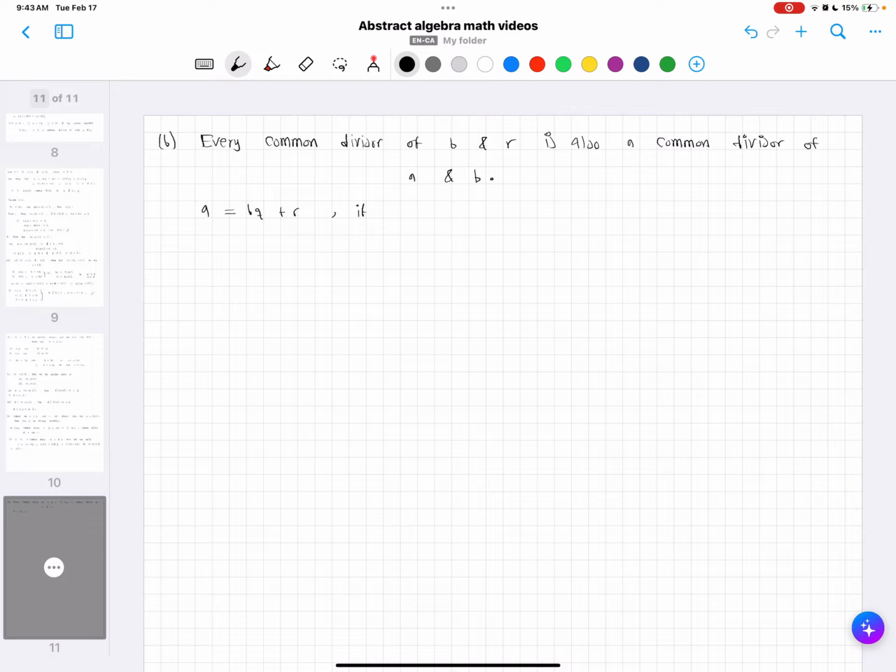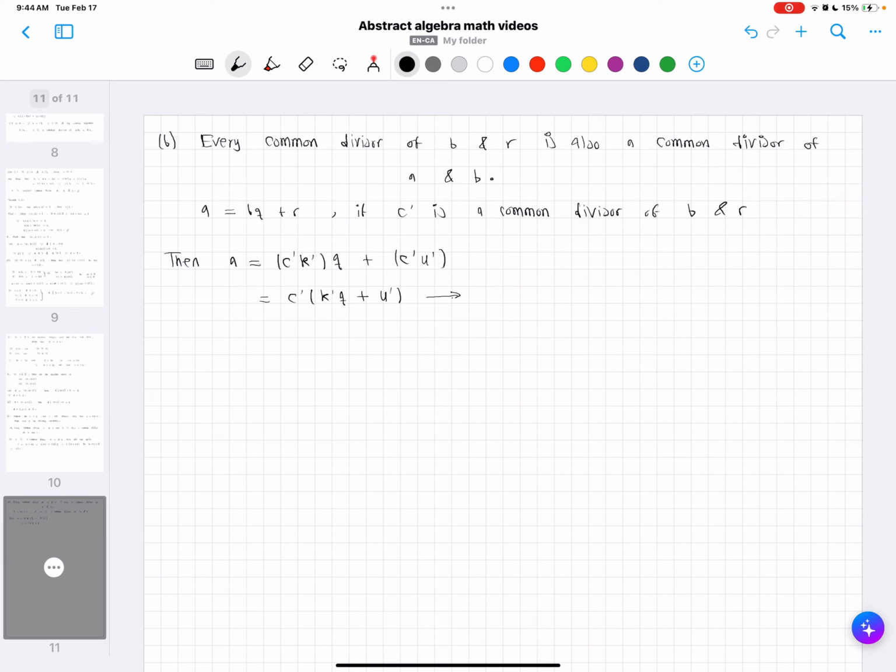So if C prime is a common divisor of B and R, then A is equal to C prime times K prime times Q, plus C prime times U prime, since B is C prime K prime and R is C prime U prime. So if we factor out a C prime, we get C prime multiplied by K prime Q plus U prime.